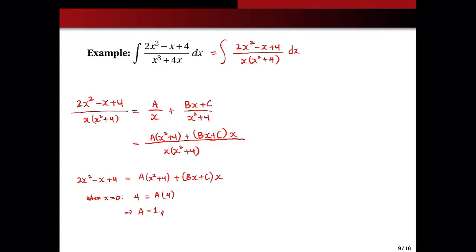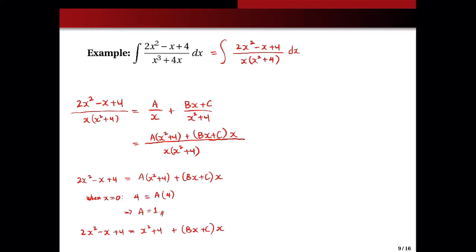So what will happen? We will have 2x squared minus x plus 4 equal to x squared plus 4, because a equals 1, and then plus bx plus c multiplied by x.